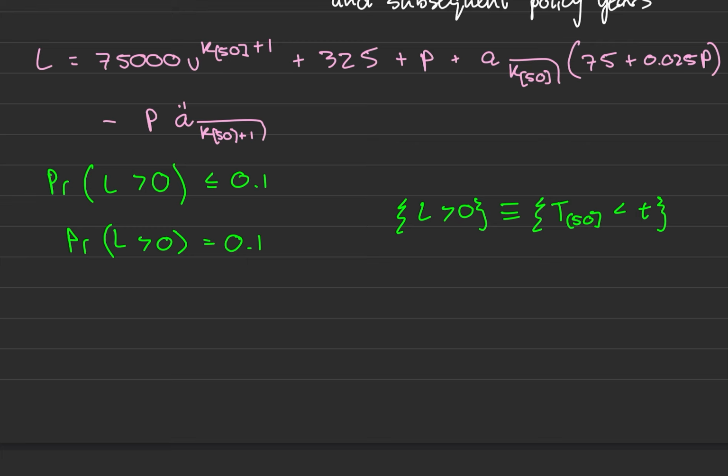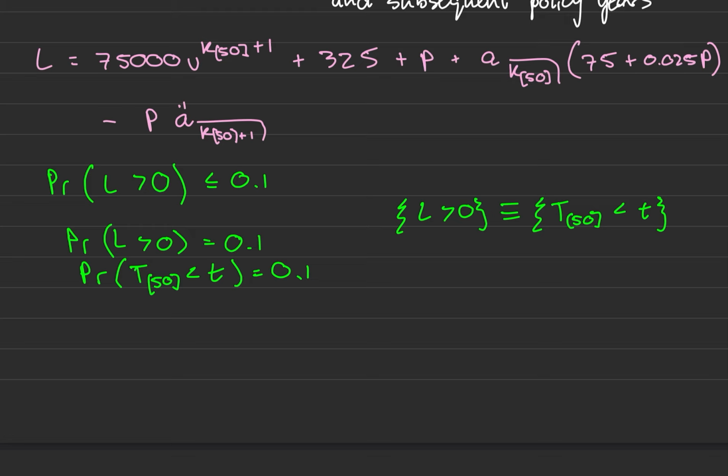Okay, so if that's true, then I can rewrite this equation as the probability then, I just change this event inside, probability that T50 less than T is equal to 0.1.